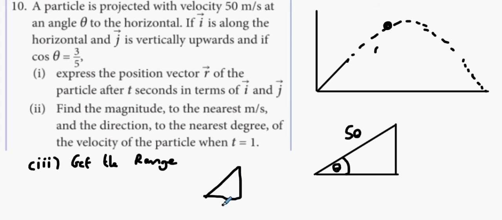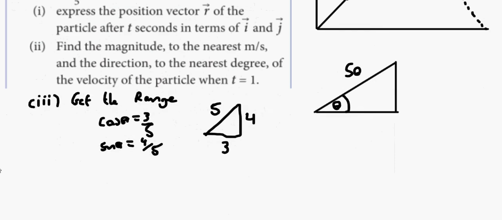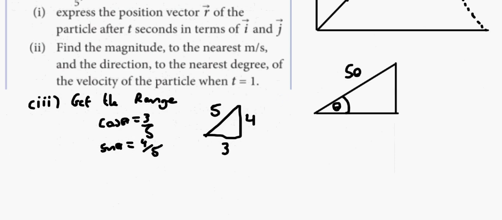Adjacent is 3, hypotenuse is 5. If you use Pythagoras' theorem, you'll find out the other side is 4. This means cos theta is 3/5, which you already knew. Sine theta is 4/5. Okay. Next piece of business: if it's the adjacent side, it's 50 cos theta. If it's the opposite side, it's 50 sine theta.